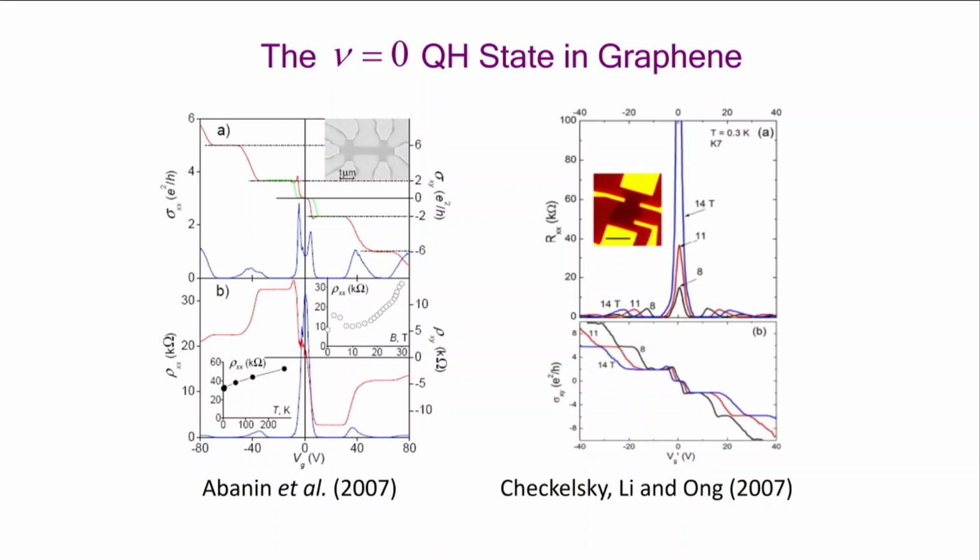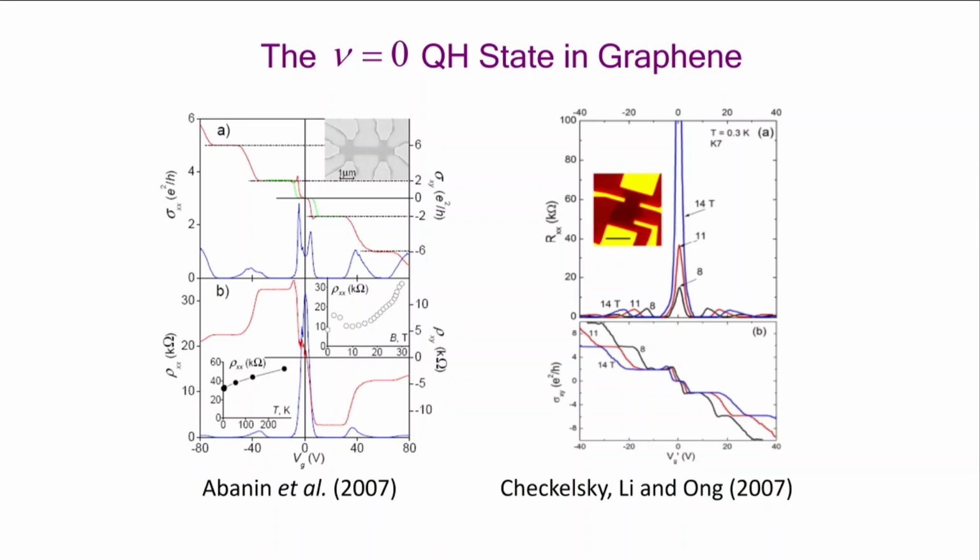Maybe it's easier to look at the right-hand side because it's a simpler figure. If you look at the lower panel, it shows sigma xy for different magnetic fields, and at 8 Tesla it's just starting, but it starts to develop a plateau at zero. It looks like a regular quantum Hall plateau, but it's exactly at zero.